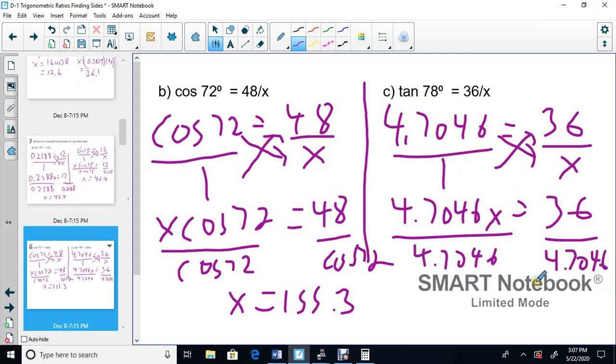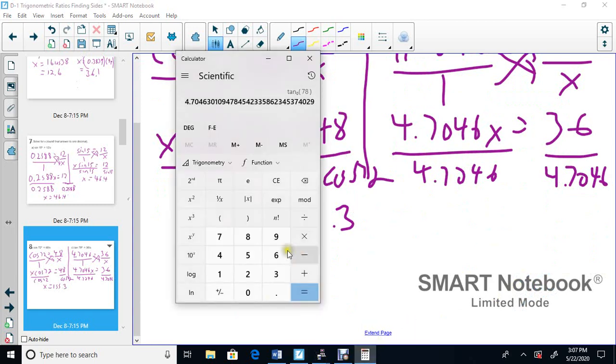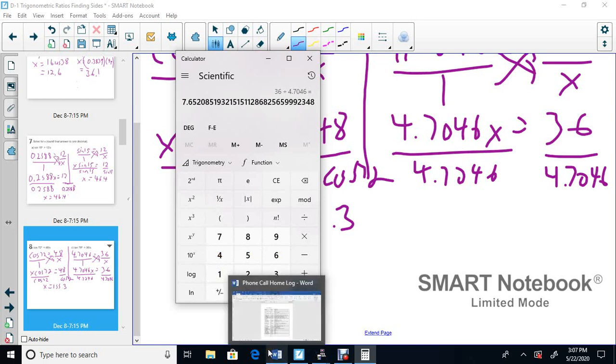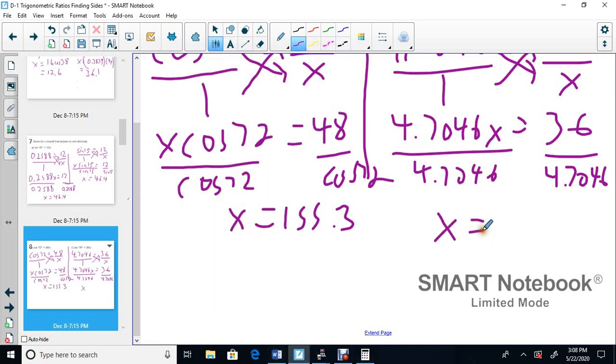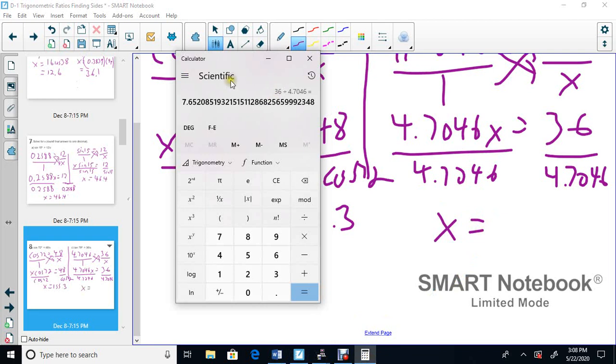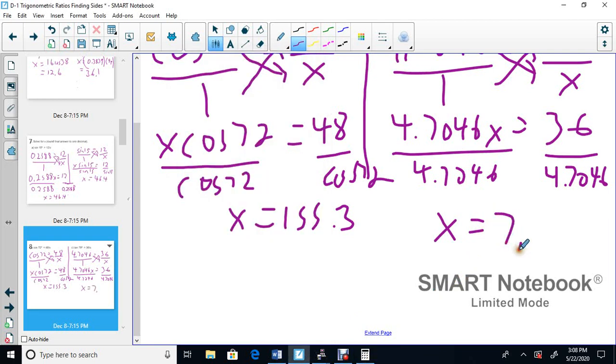Now you go back to the calculator and you go 36 divided by 4.7046. And you get an answer, x equaling, and you only need one decimal here, 7.7 rounded.